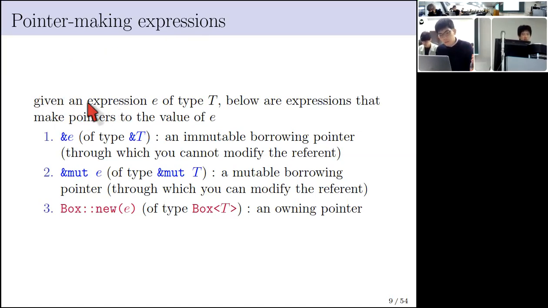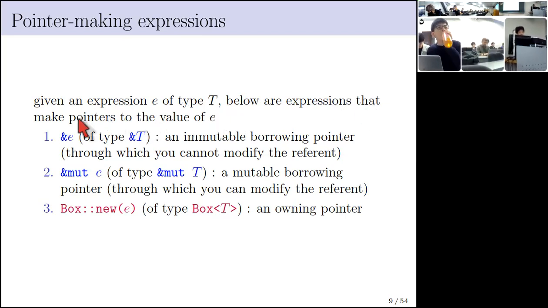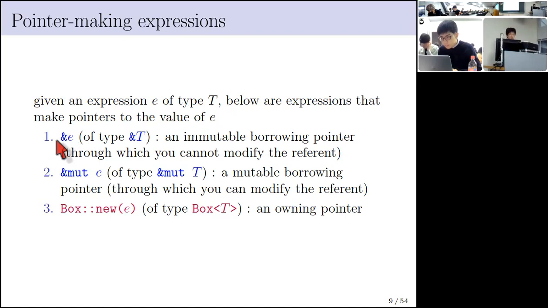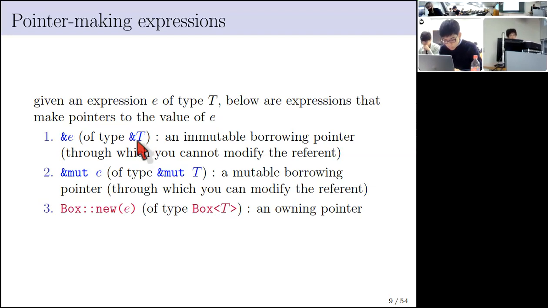Let's say you are given an expression E of type T. Below are expressions that make pointer-like data to the value of E. One way is just like when you make a type: you can have an ampersand right before any expression, which makes an expression of type ref T, obviously.